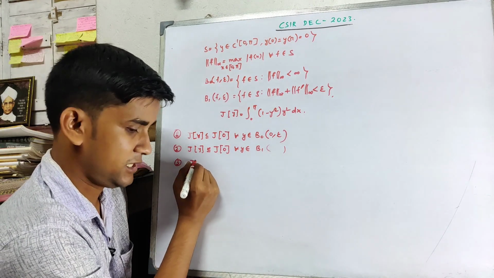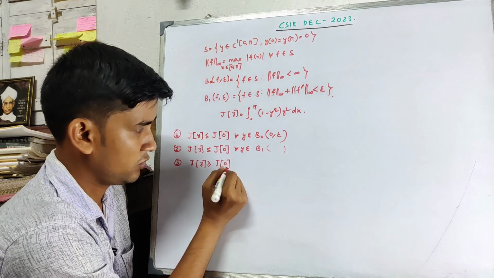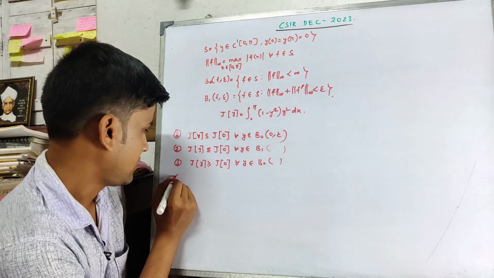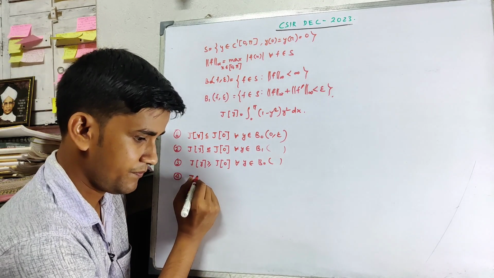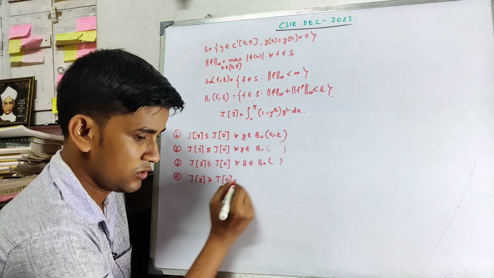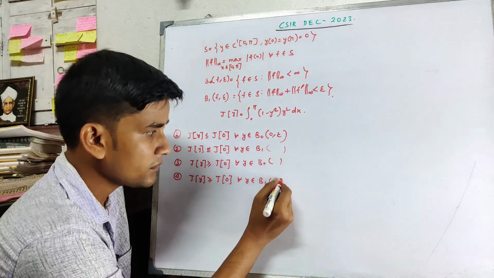Option 3: J(y) is greater or equal to J0 for all y belongs to B0, and option 4: J(y) is greater or equal to J0 for all y belongs to B1.